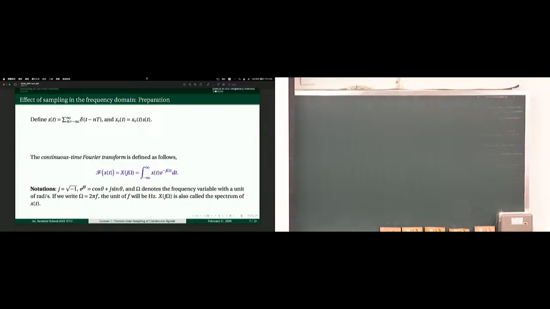Now imagine what's going to happen when we multiply the waveform with this sequence of spikes. The result is, of course, also a sequence of spikes, but the heights are now adjusted according to the waveform.